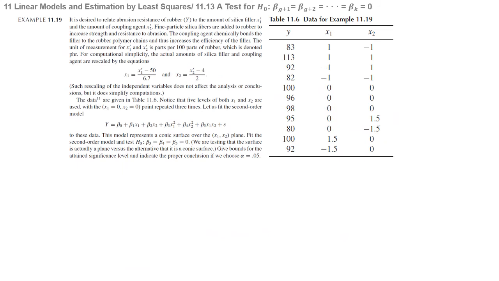Okay, let's move on to example problem 11.19. It is desired to relate abrasion resistance of rubber, which is the y variable, to the amount of silica filler x1 dash and the amount of coupling agent, which is x2 dash. Fine particle silica fibers are added to rubber to increase strength and resistance to abrasion.